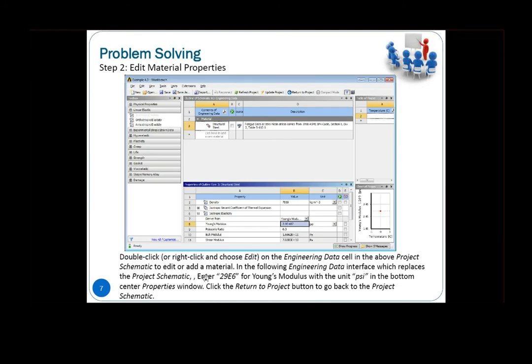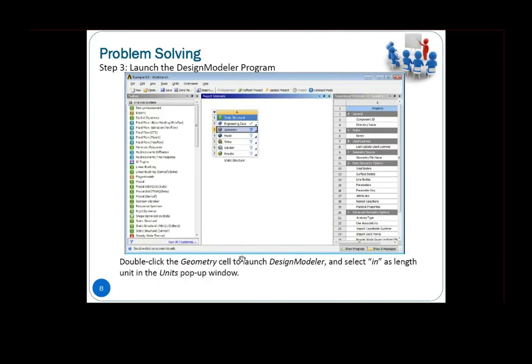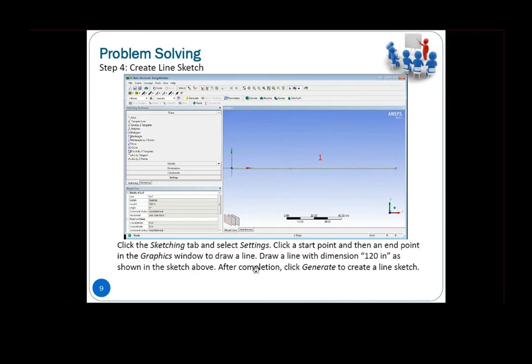Okay, we can edit our Young's modulus because PSI equals 29E6. Then we can draw it using Design Modeler. In this case, probably you have to draw a length of 10 feet times 12, 120 inch.